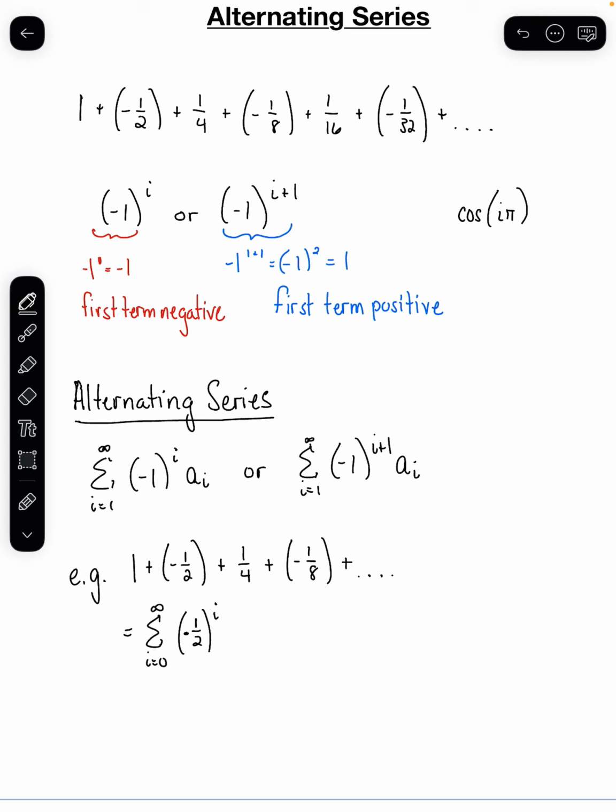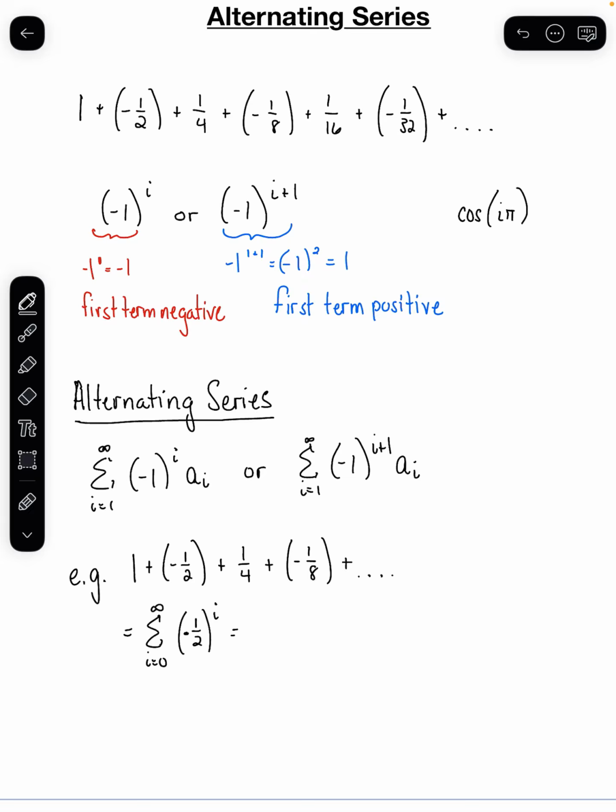And then we have negative 1/2 to the first, and then negative 1/2 squared is 1/4, because negative times itself is positive. And then negative 1/2 cubed will give us negative 1/8, and so forth.